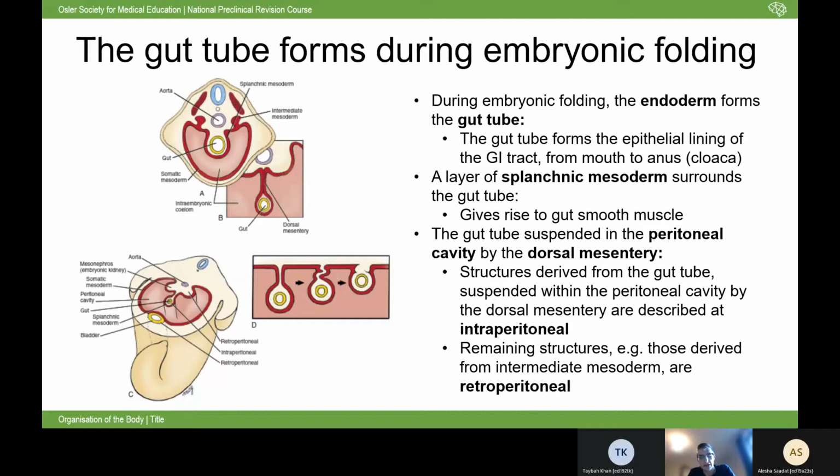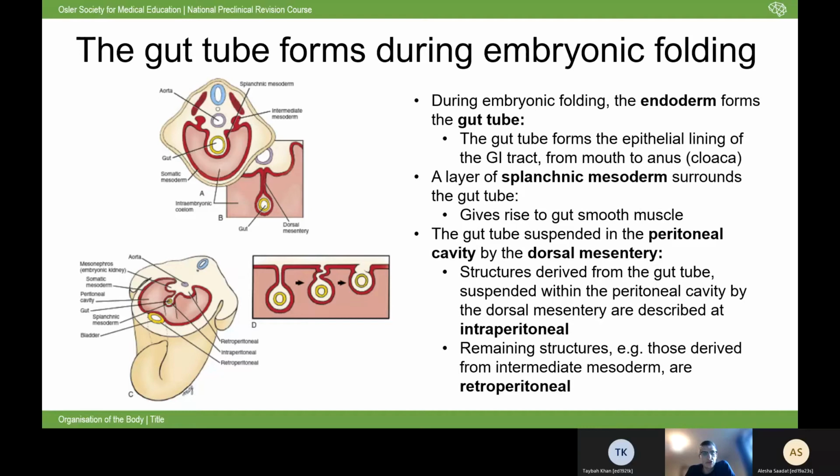And that endoderm, the gut tube, forms the mucosa, the epithelial lining of the gut from your mouth to your anus. We also talked about the differentiation of the mesoderm into that splanchnic layer and the layer around the outside, the somatic layer, and the splanchnic mesoderm, that part immediately opposed to the gut tube, forms the smooth muscle structures associated with the gut.